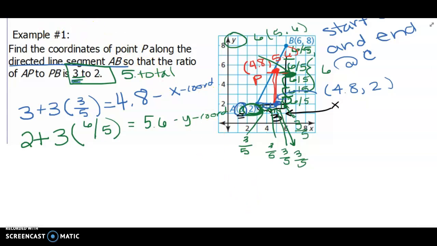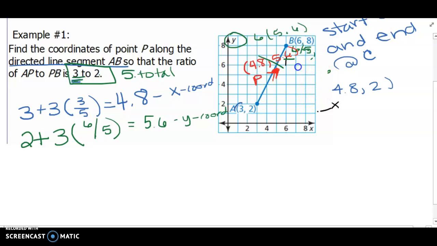So if I were to erase all this jazz, my P was somewhere like here. So this is my P, and this is 4.8, 5.6. That would mean that if I found this distance and this distance, it would have a 3 to 2 ratio.